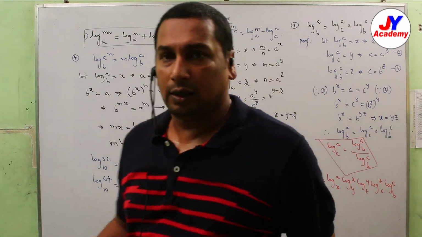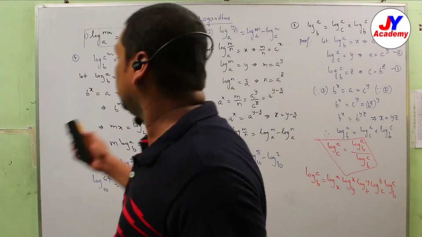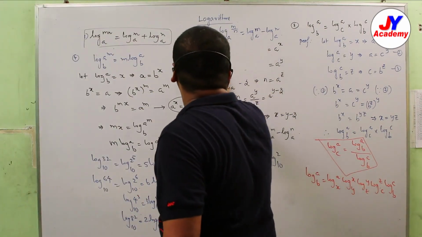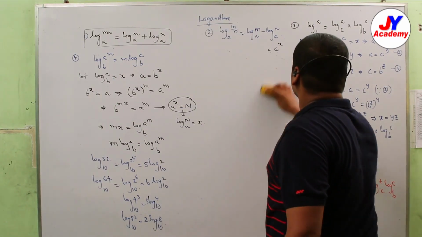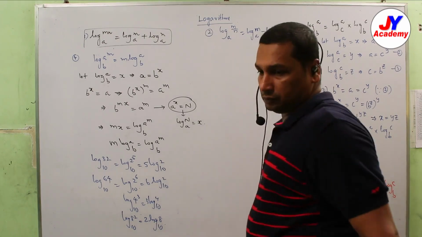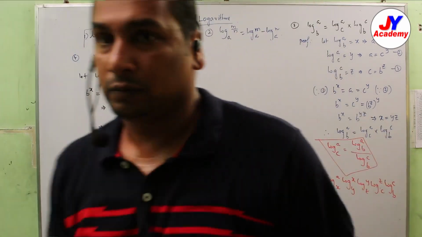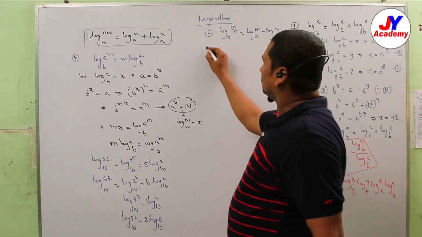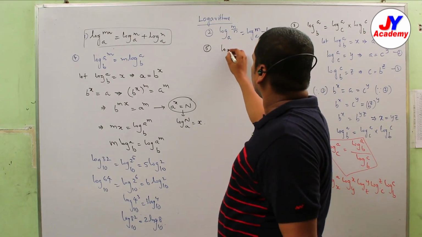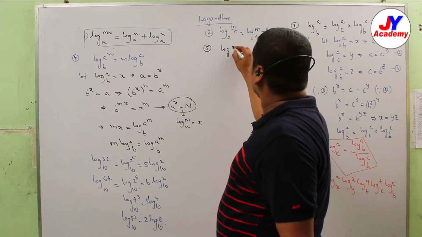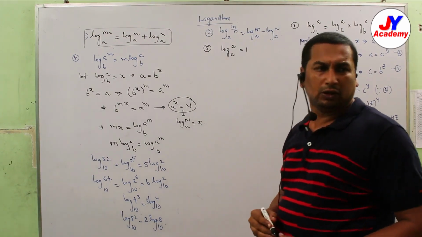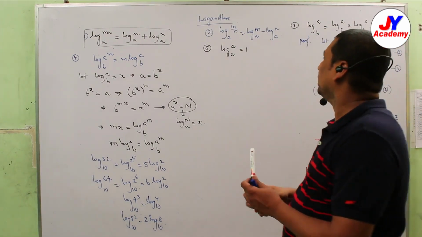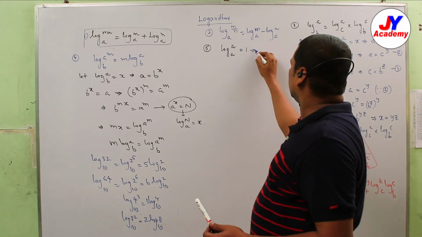Now see the fifth result. Log a base a is equal to 1. So it can be considered easily.